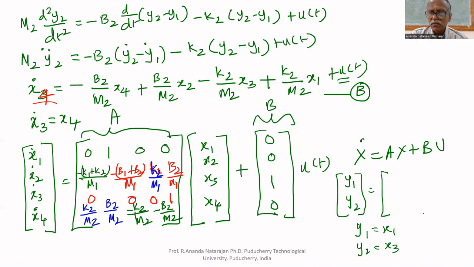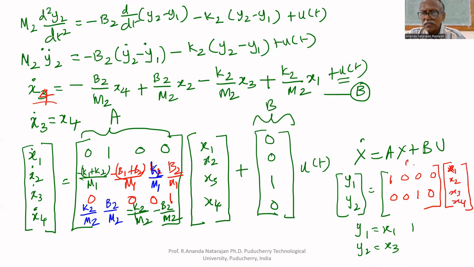Therefore, we can write 1, 0, 0, 0 for the first row. The second row is 0, 0, 1, 0, times X1, X2, X3, X4. This is the C matrix.